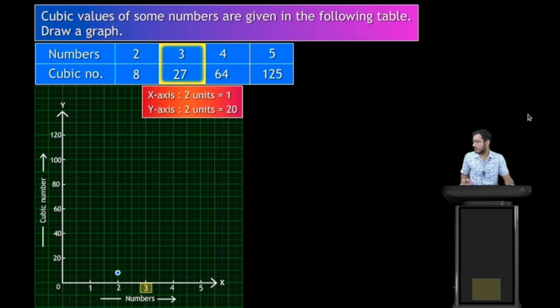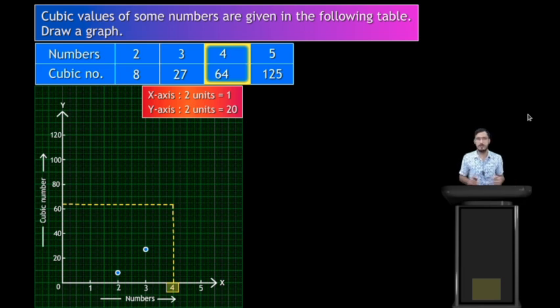So on the x-axis, you can see point 3. Now taking height 27. So 3 comma 27. Now next one 4 comma 64. So 4 on the x-axis, taking height 64 from the point 4. Okay, so 4 and 64.